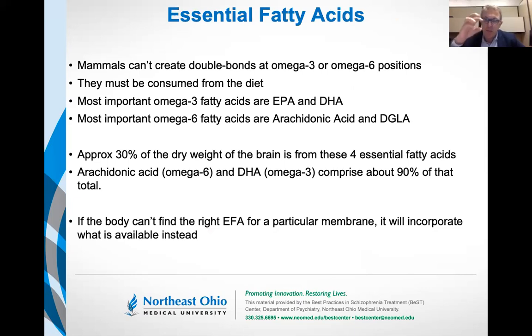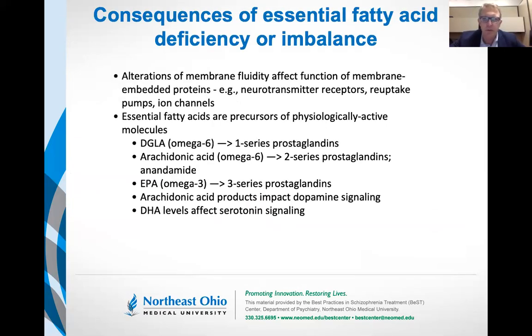If you can actually neurochemically isolate the synapses, the part where neurotransmitters are released, and look at the synaptic membrane, you'll find that DHA comprises, I believe, 70% of the weight of fatty acids in that specialized part of the membrane. So that's just some data to speak to the importance.